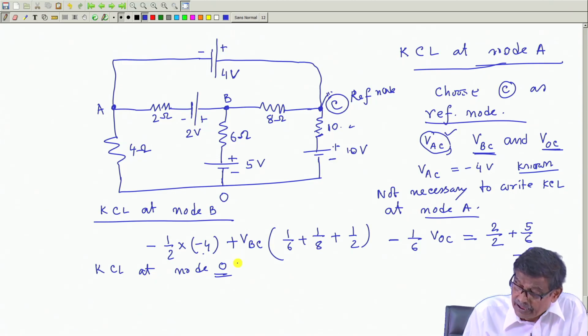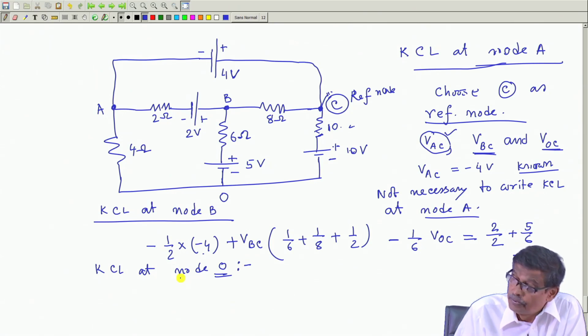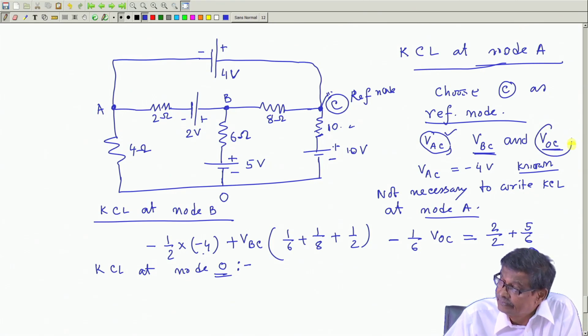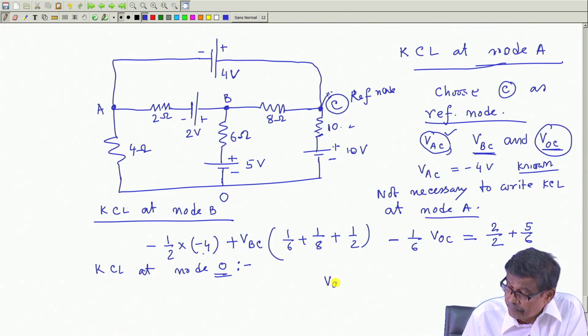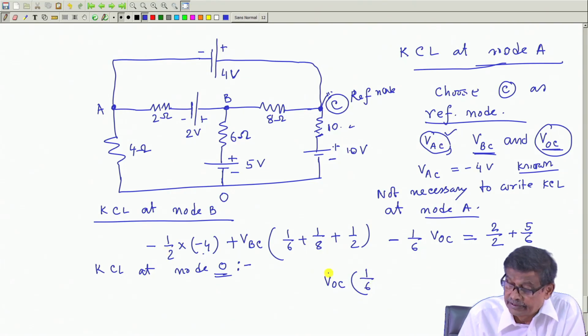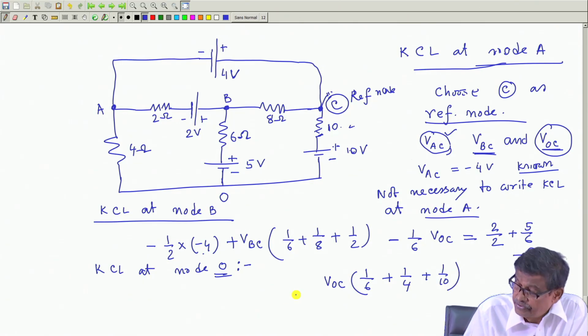So, at node O, the coefficient of VOC will be the sum of reciprocals of all the resistances connected to O, that is 1 by 6 plus 1 by 4 plus 1 by 10.